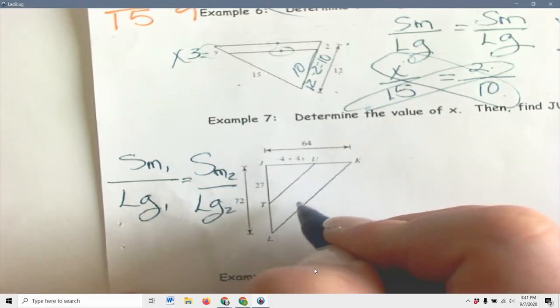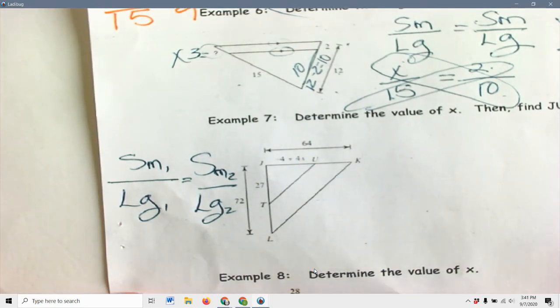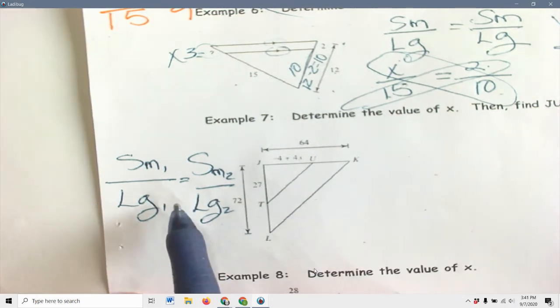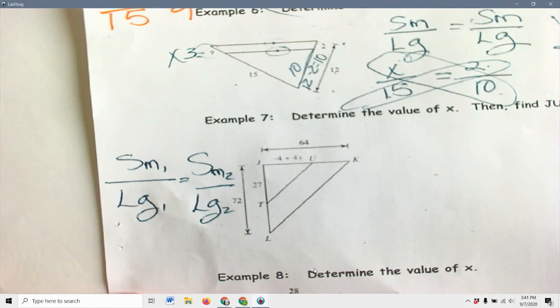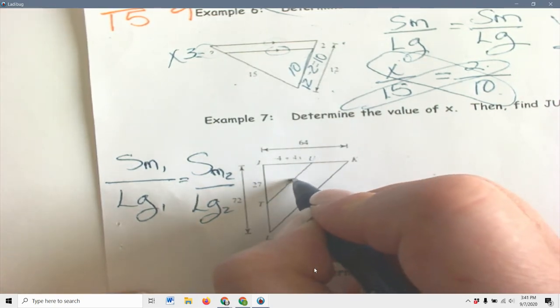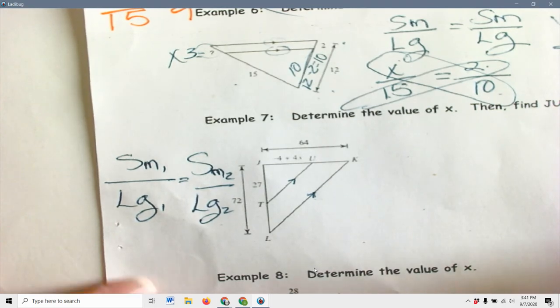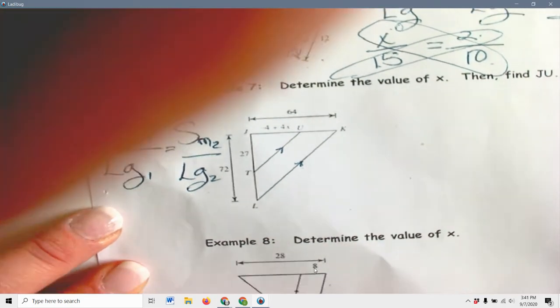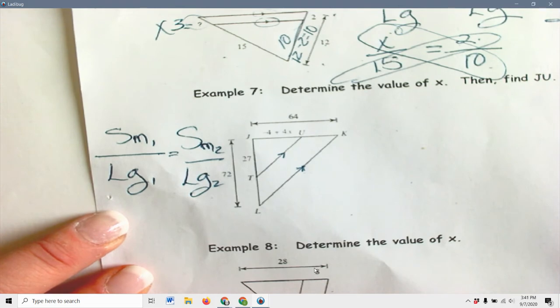Because since they're parallel, they are going to be proportional. Now, it looks like these parallel markings didn't end up on your copies. Those lines are parallel to each other.